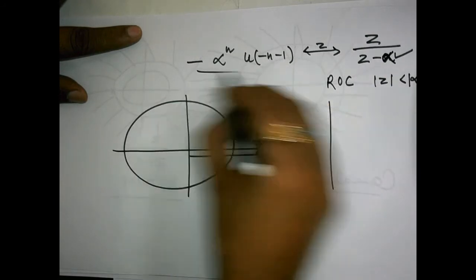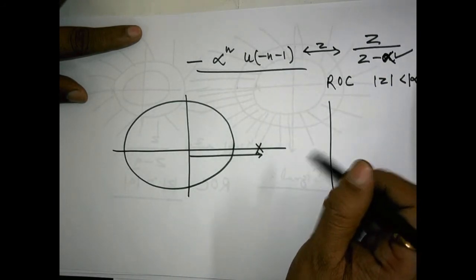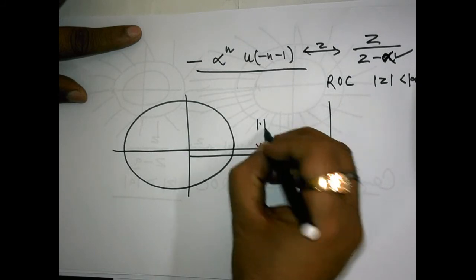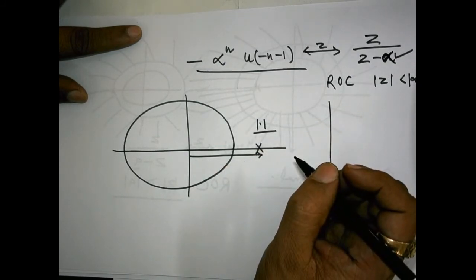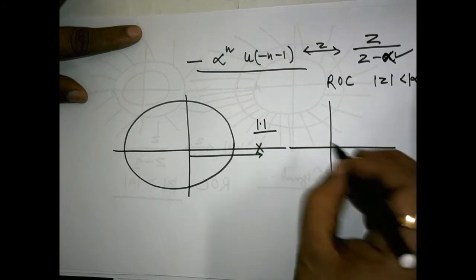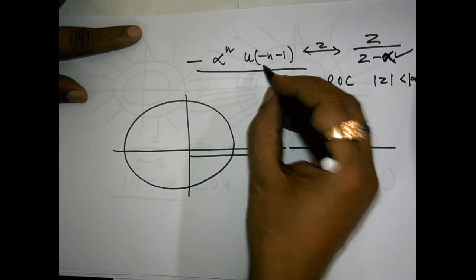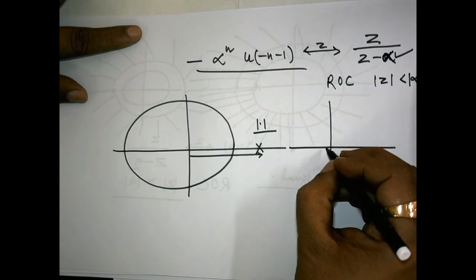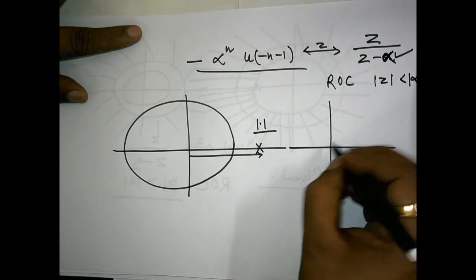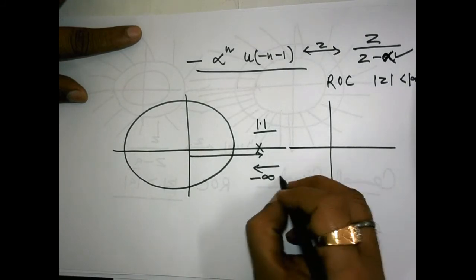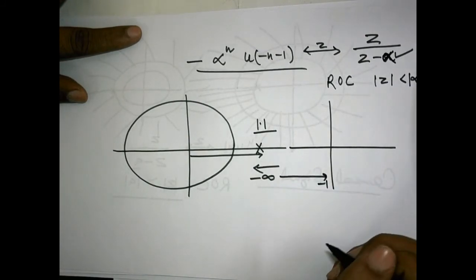This is an anti-causal signal. You take this value to be equal to say 1.1. So naturally, what values of n are you going to take? Since it is an anti-causal signal, n will range from minus infinity to minus 1.